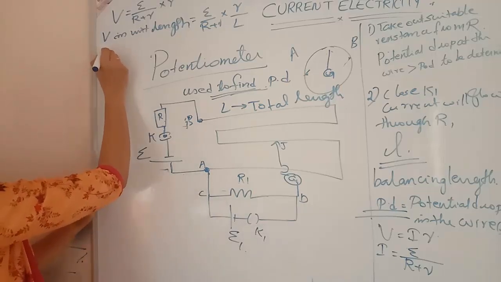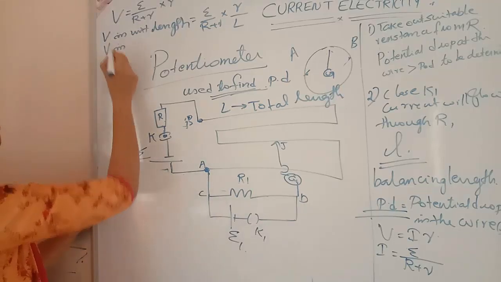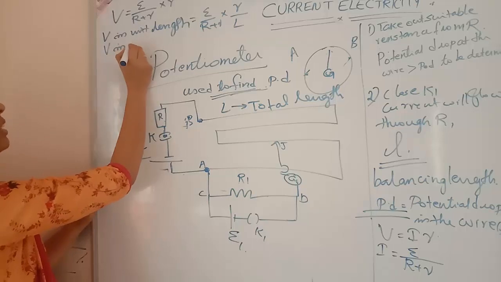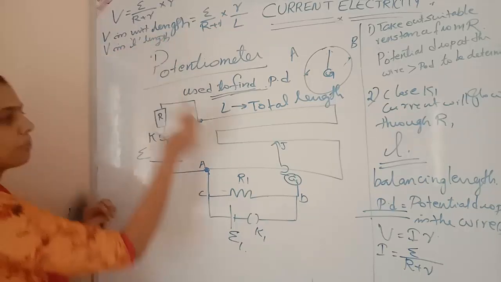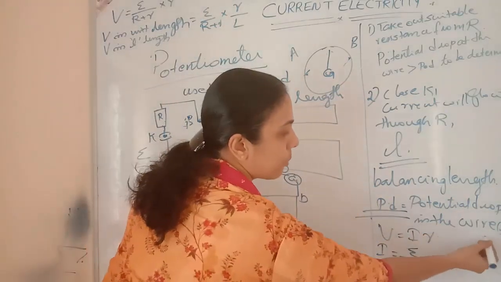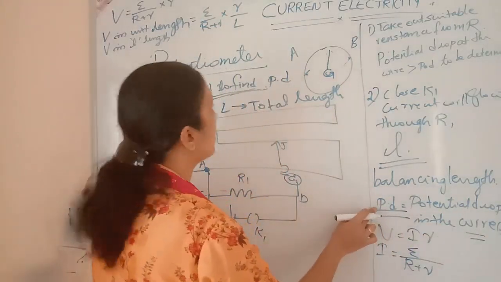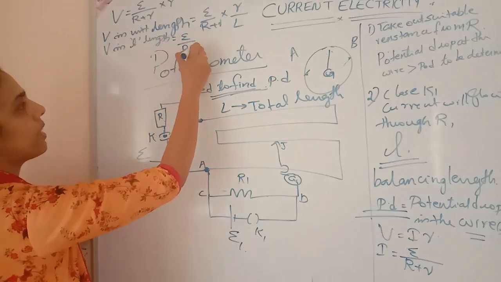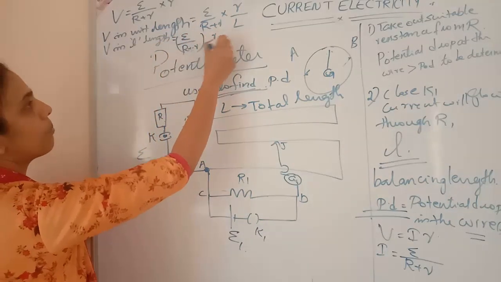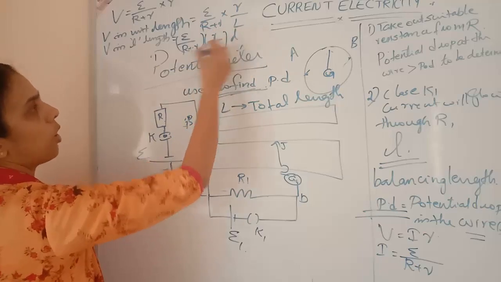Then what will be the potential drop V in length l? Why are we calculating length l? Because over length l we got the potential drop that is equal to the potential difference, right? So it will be E by capital R plus small r into r by capital L into small l.